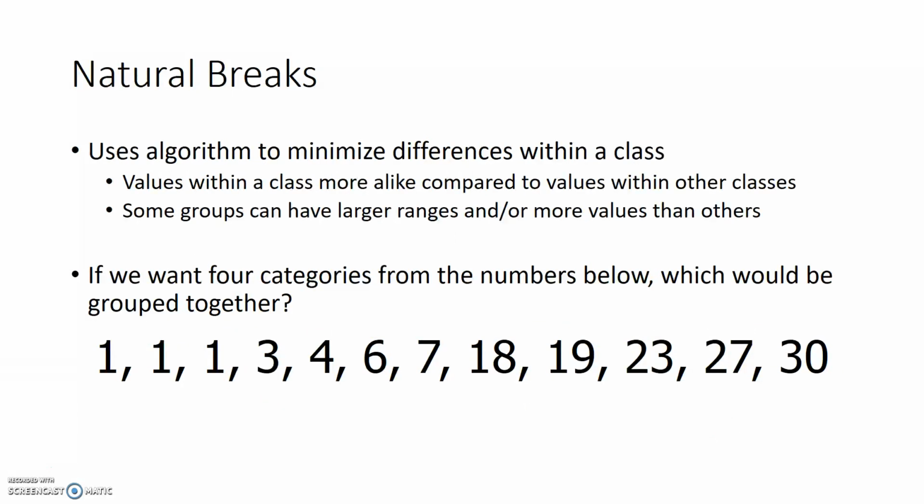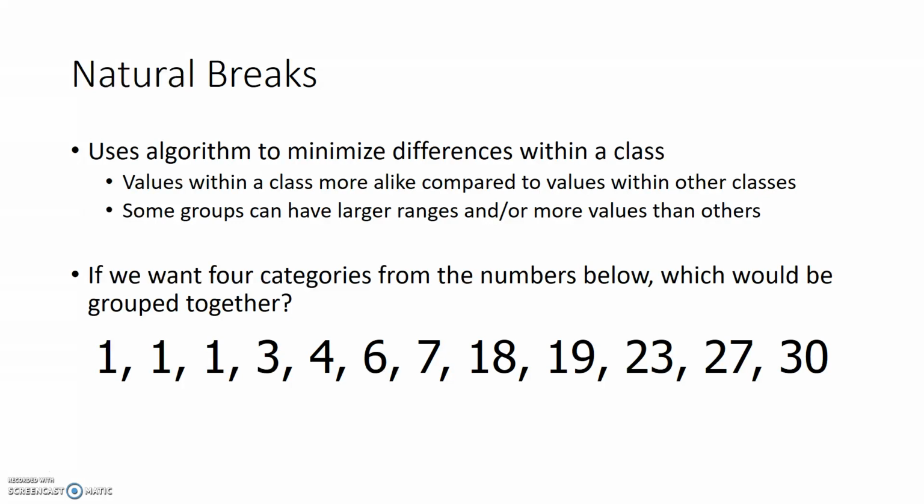And then finally, we have natural breaks. This is a method where we use an algorithm, so I won't put you through what that might be. But basically, a formula or an algorithm that goes through procedurally, looks at all your data values, tries out many different possible groupings, and finds the one that best minimizes the differences within a group or class.